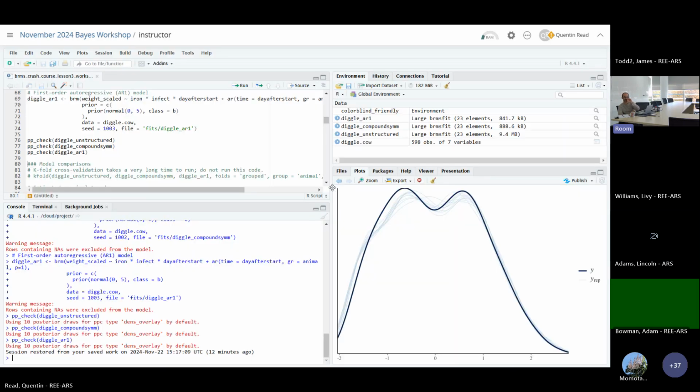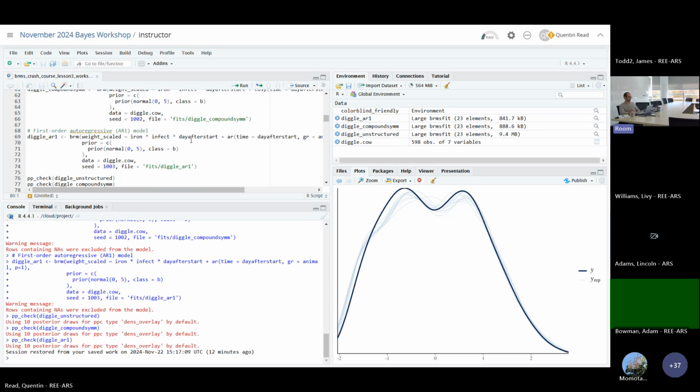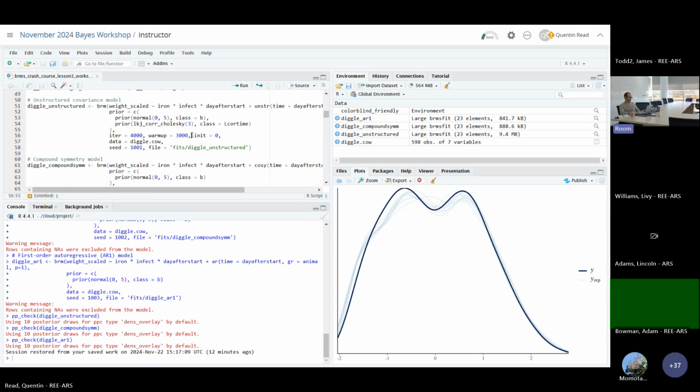I increased the number of warm-up iterations to 3,000 before doing 1,000 sampling iterations, which gives the sampler more tuning so that the model converges. Also, by default BRMS initializes the parameters to random values.